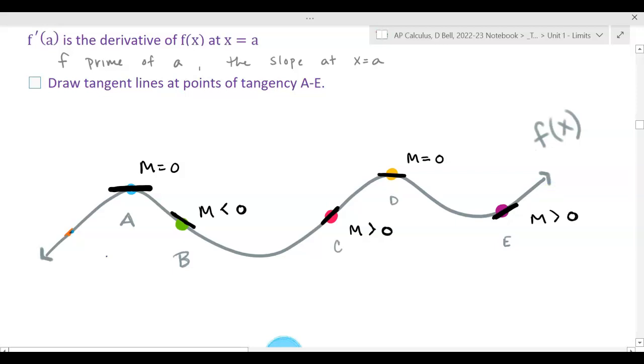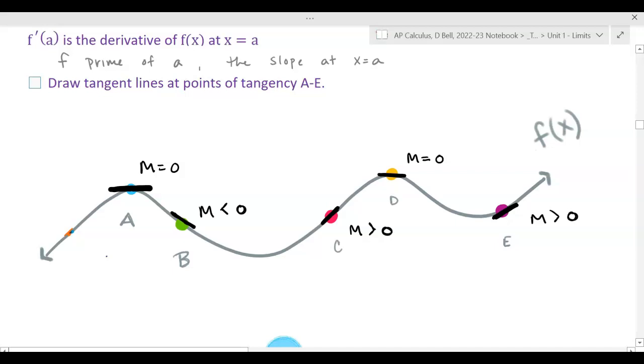So looking at tangent lines for these points. So a is at a maximum. The slope at a maximum or a minimum is always 0. So the slope at A and the slope at D are both horizontal lines. And we know that the slope of a horizontal line is 0.